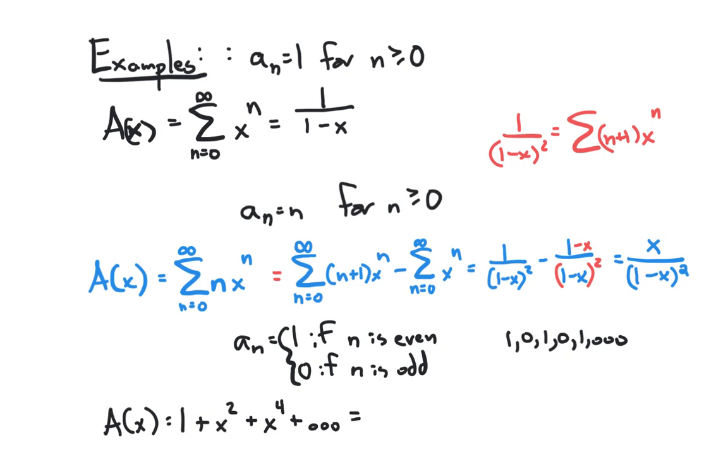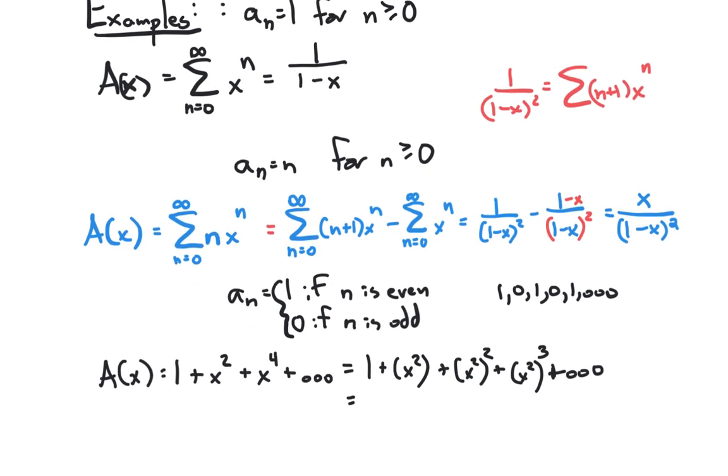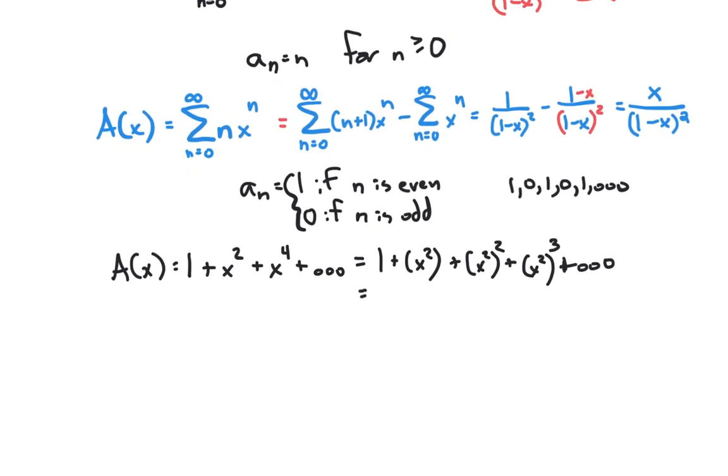And if we think about this, we can view this as 1 plus x squared as our variable, plus x squared squared, plus, I'll do one more, x to the 6th is x squared all cubed, etc. And, well, we can use our idea of power series again.